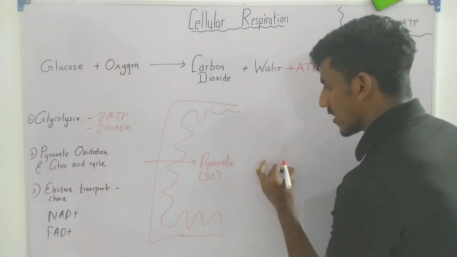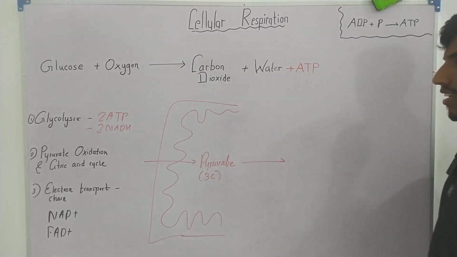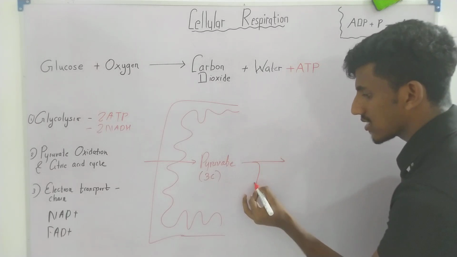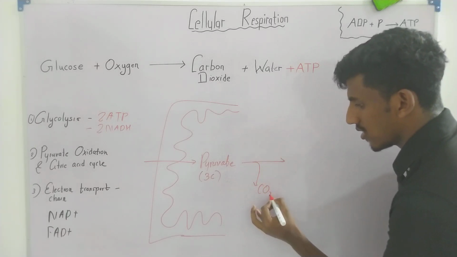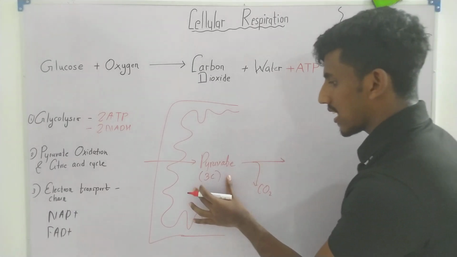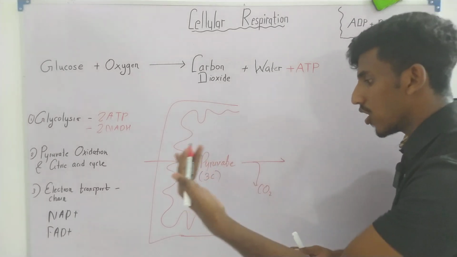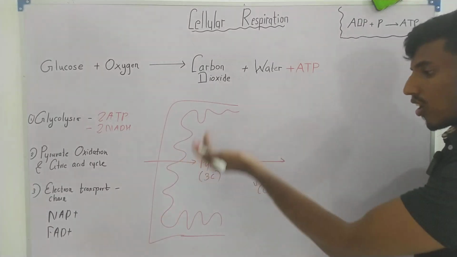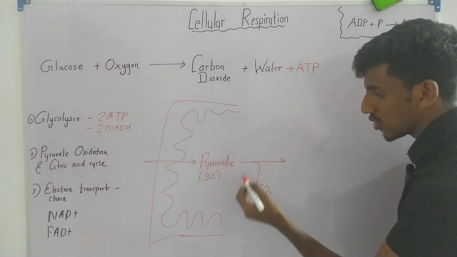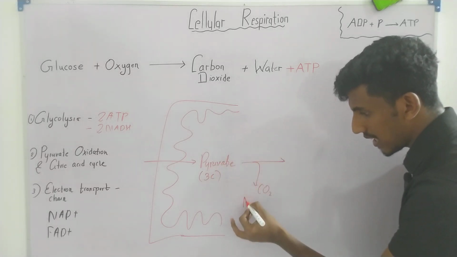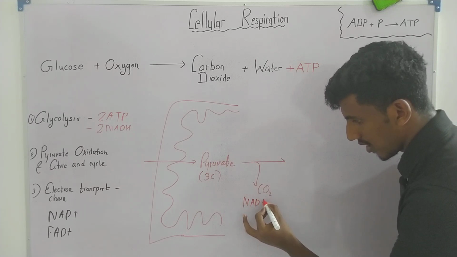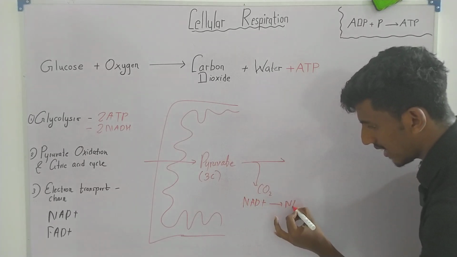So this pyruvate loses a carbon dioxide molecule. Now the pyruvate has 3 carbons, it is losing a carbon dioxide molecule, so it will become a 2 carbon molecule. And it also releases electrons. These electrons are again accepted by NAD+ and converted to NADH.